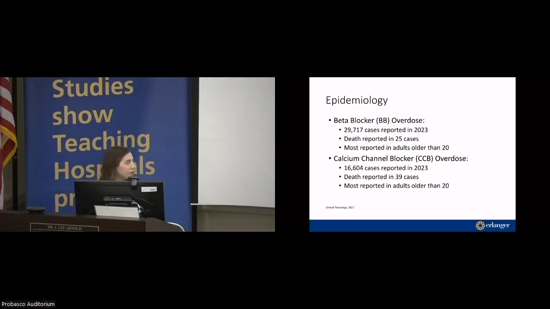There were around 30,000 cases reported in 2023 of beta blocker overdose, with about 25 reported cases of death, and then around 17,000 calcium channel blocker overdoses reported in 2023, with 39 cases of death reported. Most of the reports were in adults over 20 years old, and the majority of the overdoses were intentional, according to that report.